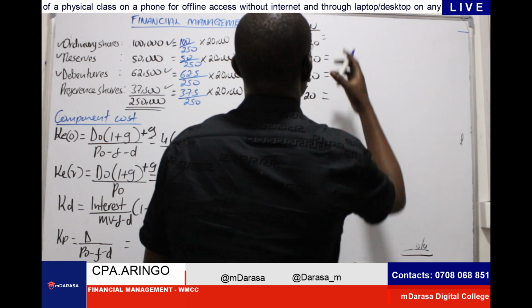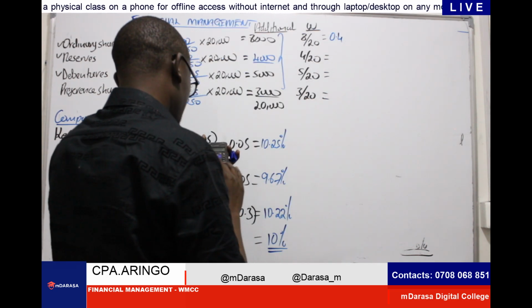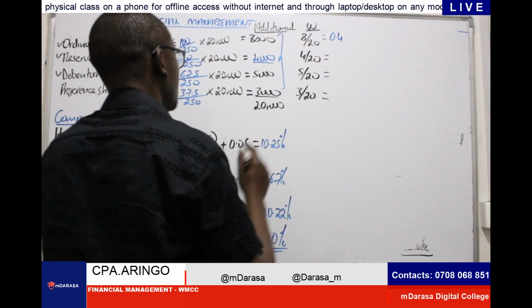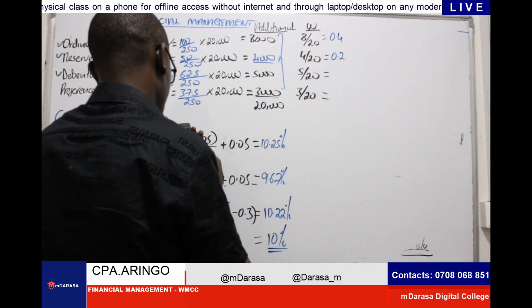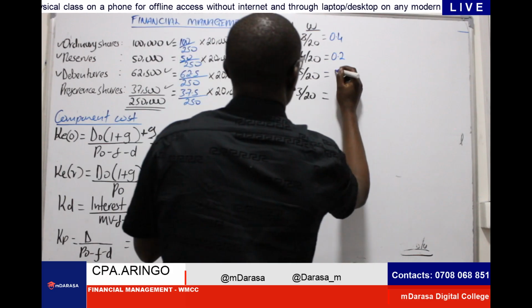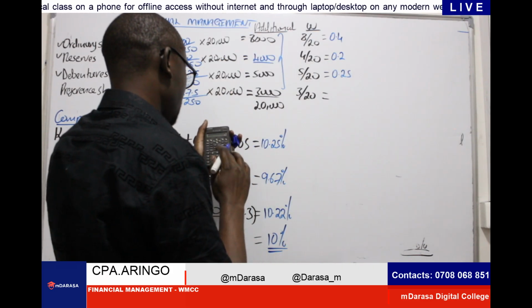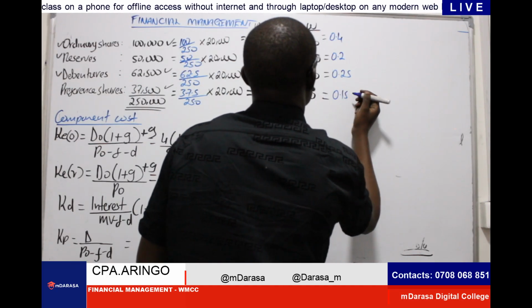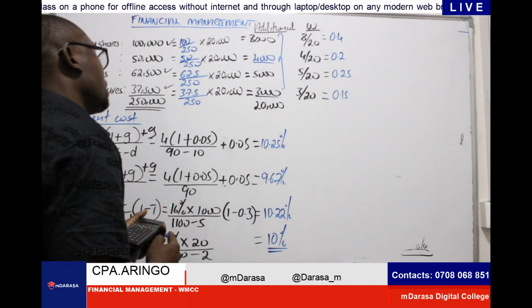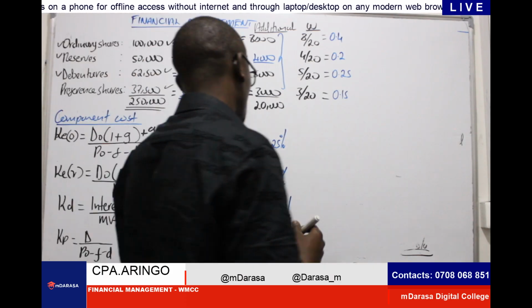0.4 being our weight. 4 divided by 20, 0.2. 5 divided by 20, 0.25. 3 divided by 20, 0.15. Once we have that, we simply multiply by our component cost.